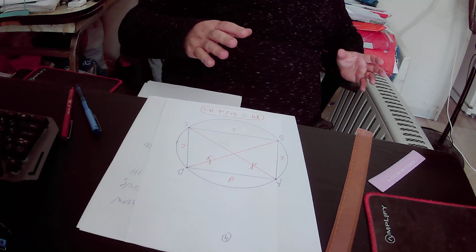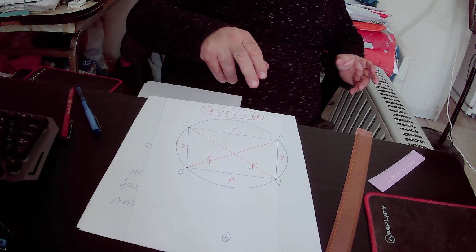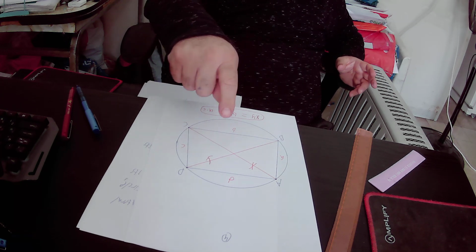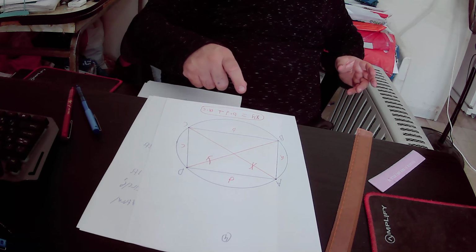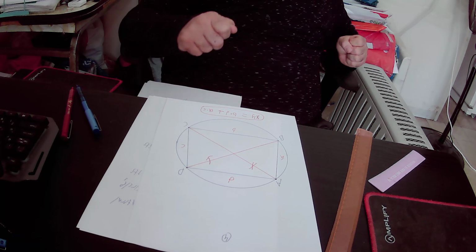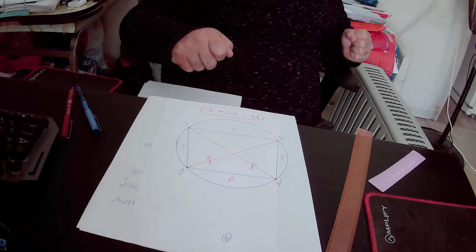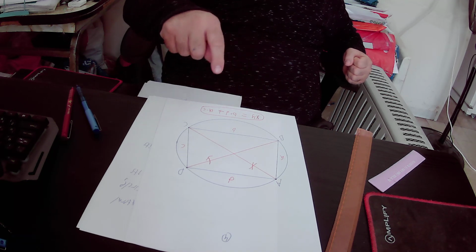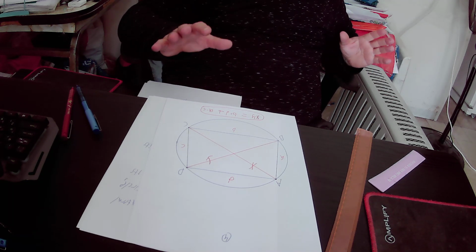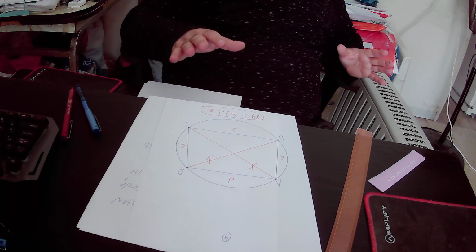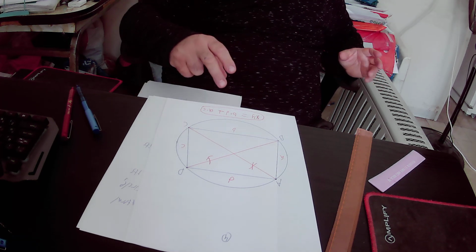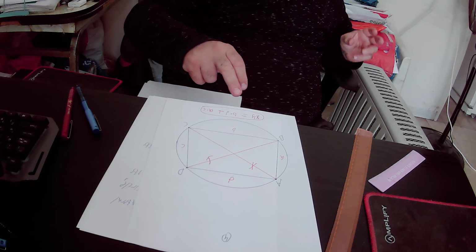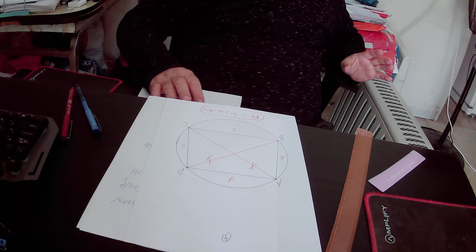Again, the product of the diagonals of a quadrilateral that is inscribed in a circle is x times y. And that product, x times y, equals the sum of the products of its opposite sides, that is to say BD plus AC.